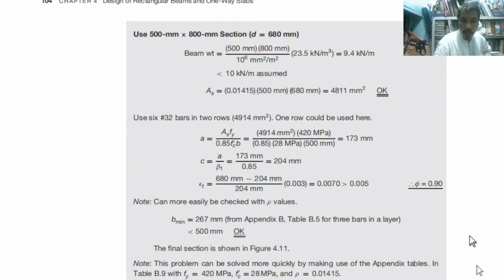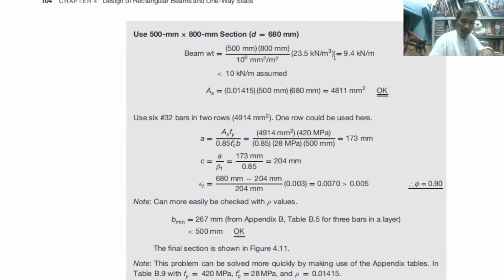So therefore 800 included the concrete cover, therefore T is 680. So beam weight, from this dimension we have 9.4, and our assumption is 10. So it is about okay because it is very near.